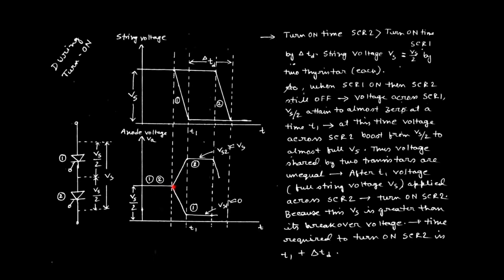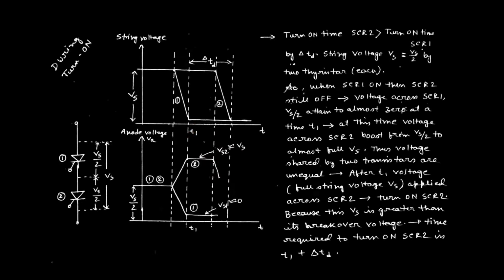That is why SCR1 voltage falls, but the voltage across SCR2 is boosted to Vs, up to the point T1.